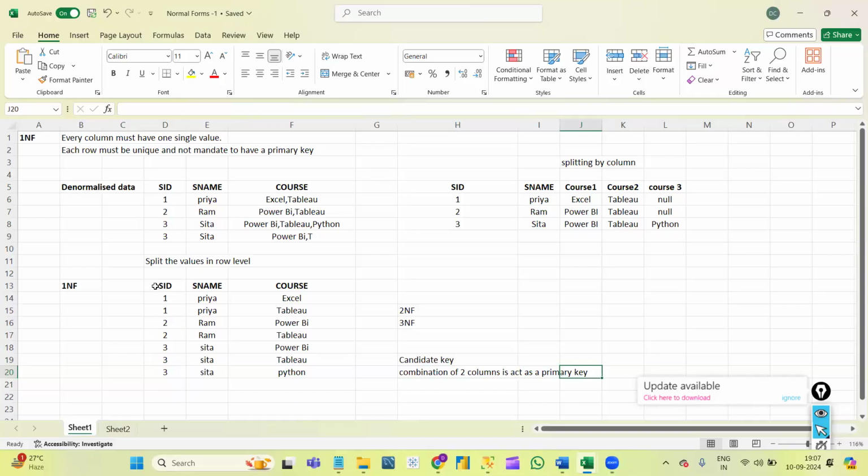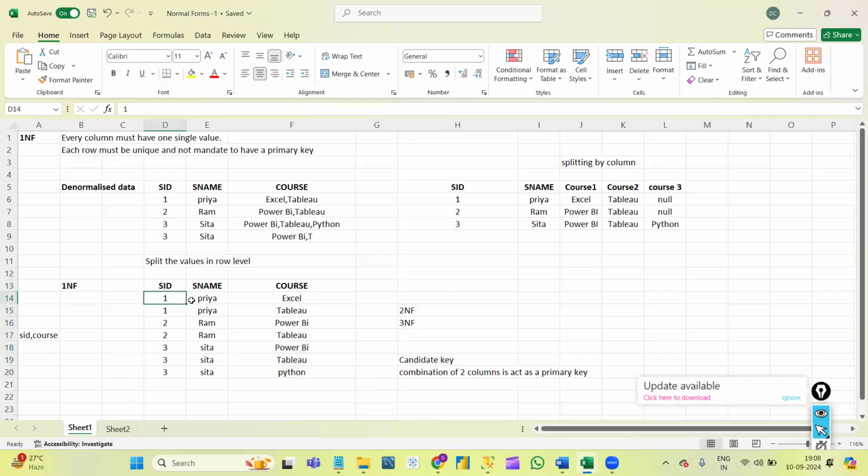In this example, here also I cannot define a primary key, but I can define a candidate key. What columns can act as a candidate key in this table? SID and course. I can use these two columns as a candidate key. That is, the combination of SID and course should be unique.